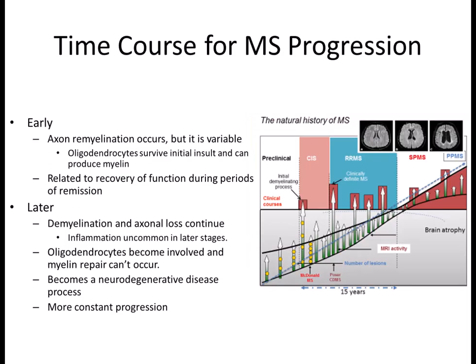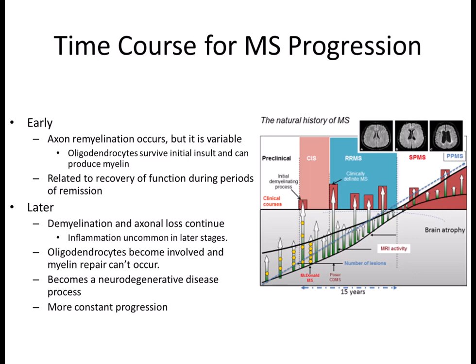As far as a time course for MS progression, as I've said many times before, it's going to vary from person to person. However, early on, you should know that there's demyelination and there can be remyelination, but it's going to be variable. The length of time that it takes for remyelination is going to be related to the recovery of function during the periods of remission.